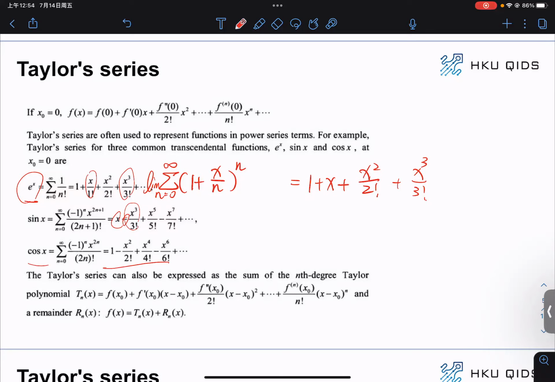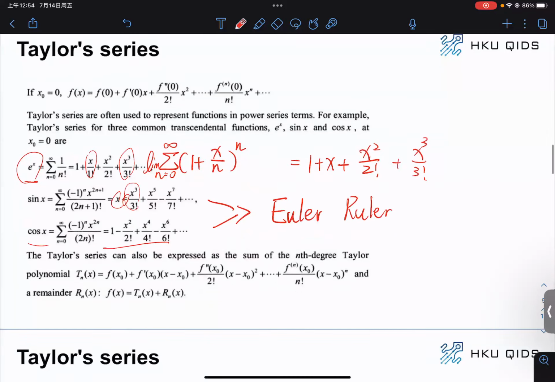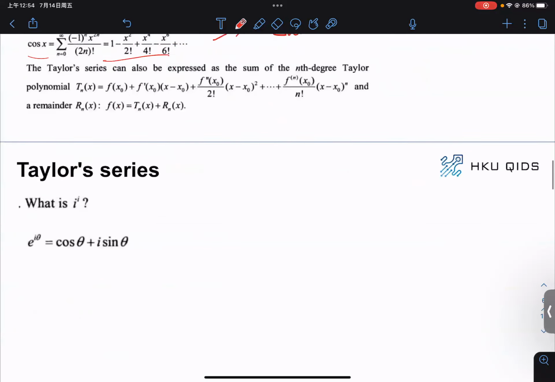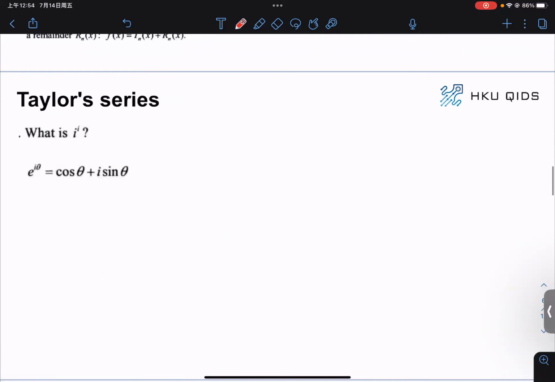Okay. And these two actually give us the Euler formula, the famous Euler's rule. We are going to talk about that later. So here it is asking what is i to the power of i. To solve this question, we need to first know this one. This is basically Euler's rule.